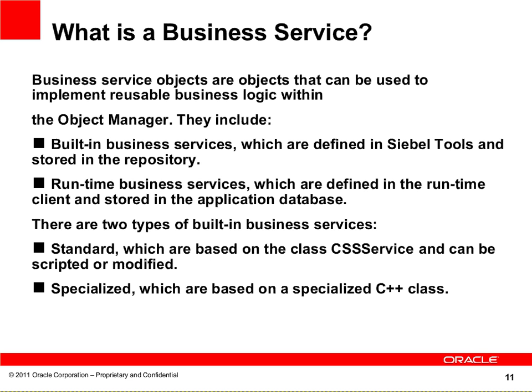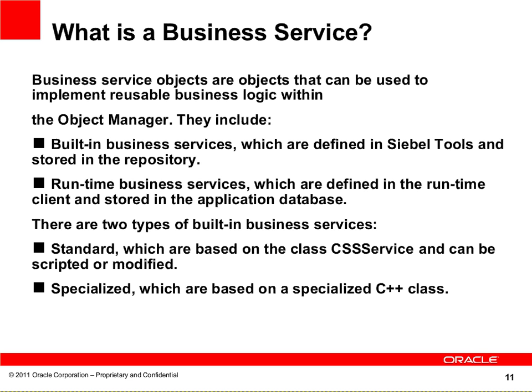You can call business services from runtime events, workflows, or from scripting. So if you have a set of processes that you want to do over and over again, one recommendation would be, rather than putting it in different places and different applets and different business components, you could write a business service and just call that business service.